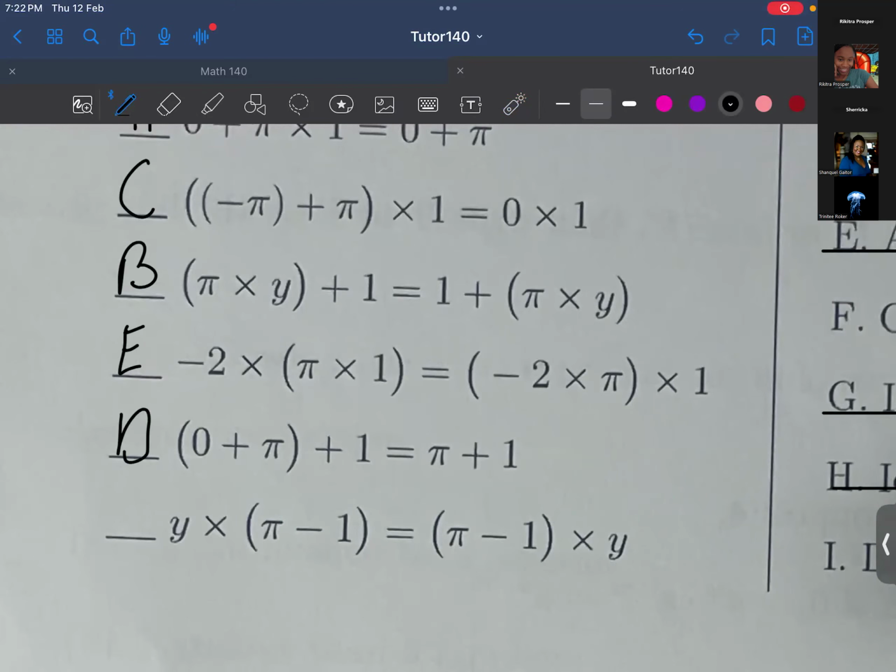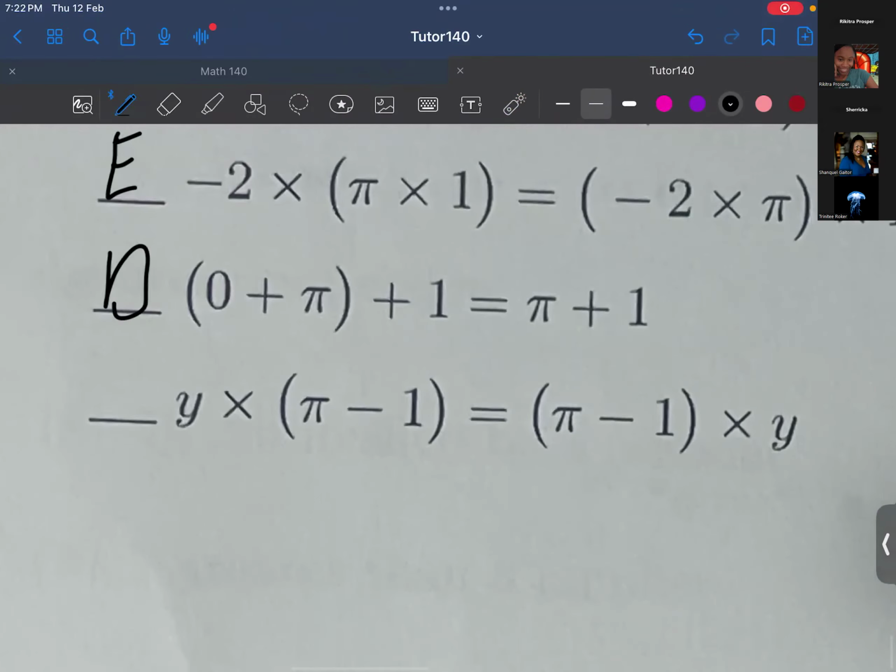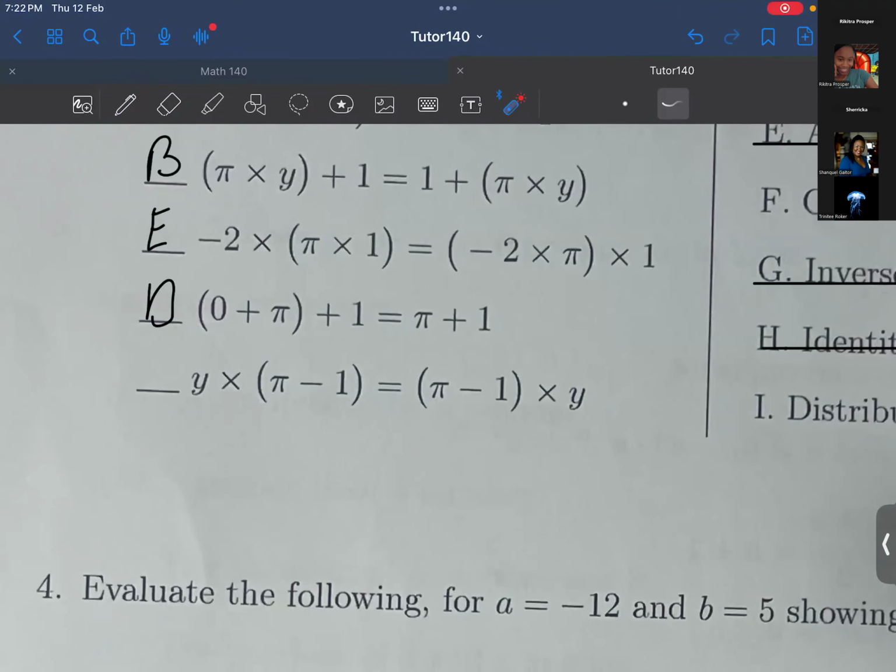And the last one, so we have y times open bracket pi minus 1 is equal to pi minus 1 times y. So we are multiplying two numbers, and the order in which we multiplied them switched around.